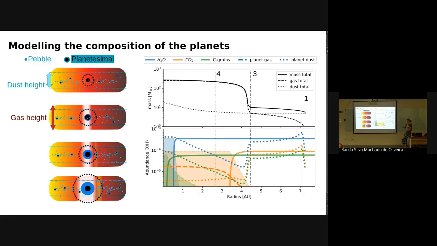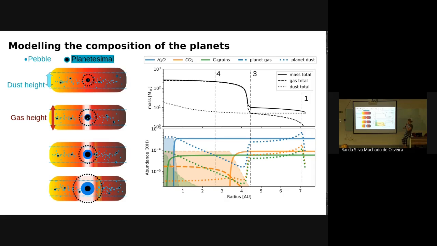And meanwhile, while it does all of this, it's moving from the outer disk towards the inner disk. And as it does so, it will accrete some dust material. So this is the dotted points, and some gas material, which will be the dashed line. So initially, we start accreting these molecules first in dust form while we are in this phase here.